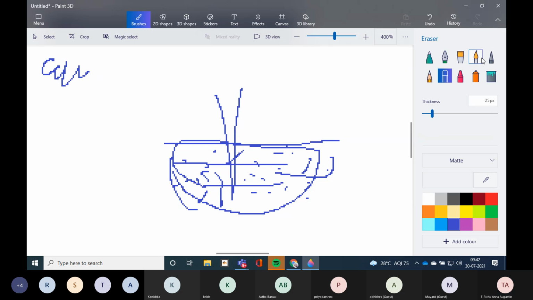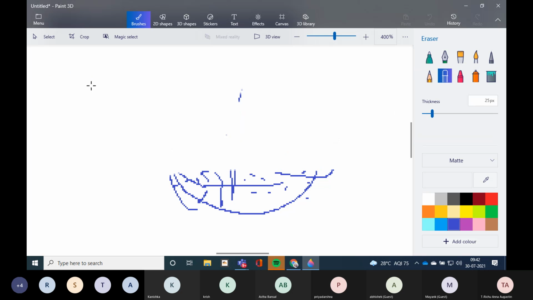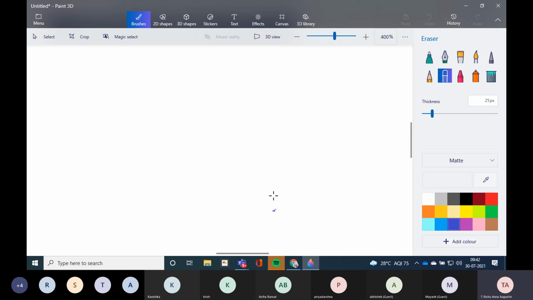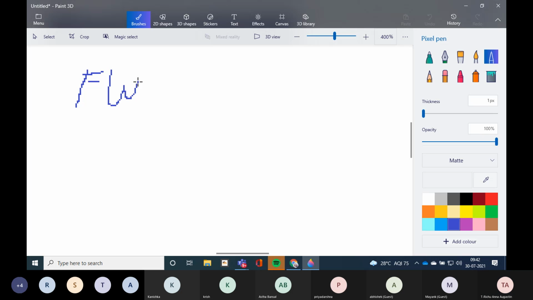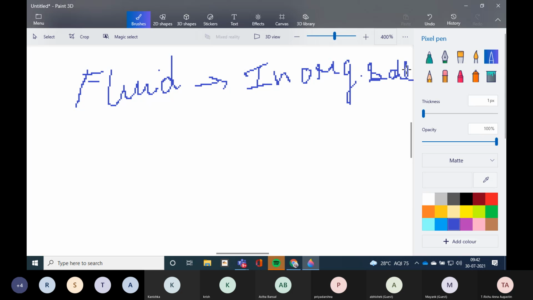You all know what a cell sap is. If you want to remember it quickly, you can write it. Cell sap is a fluid which contains inorganic salts, plus waste material.